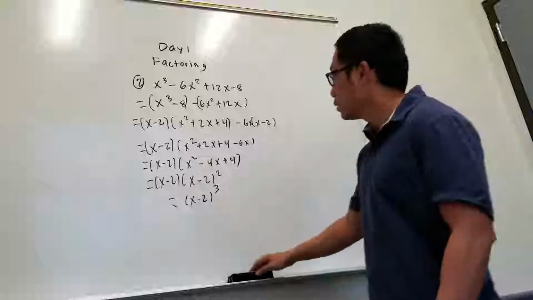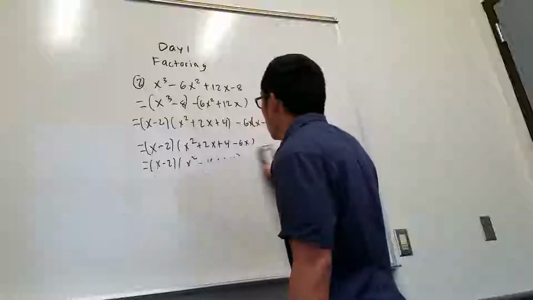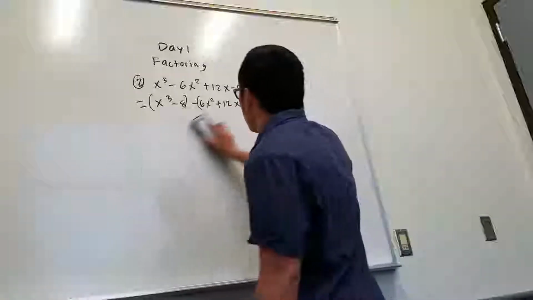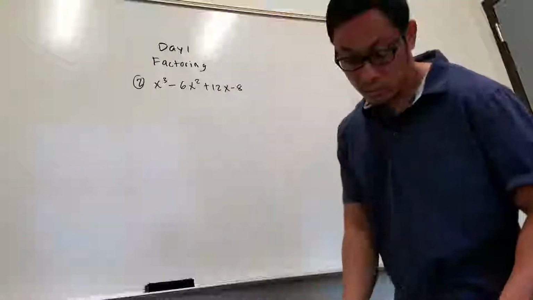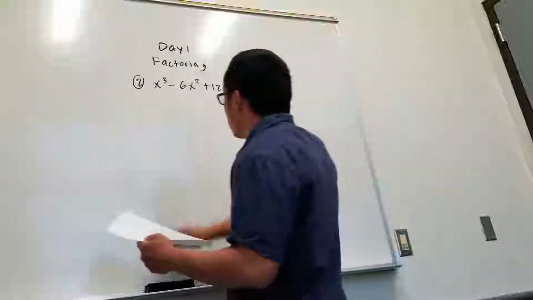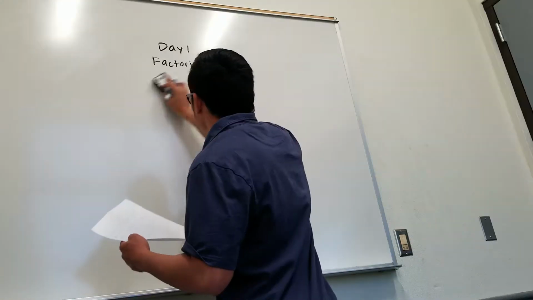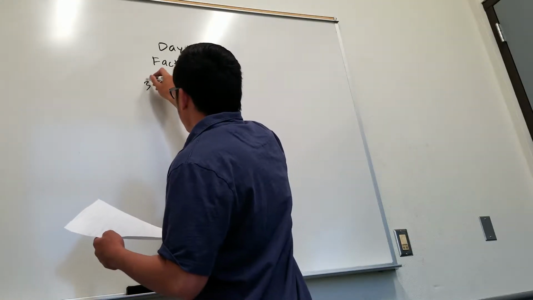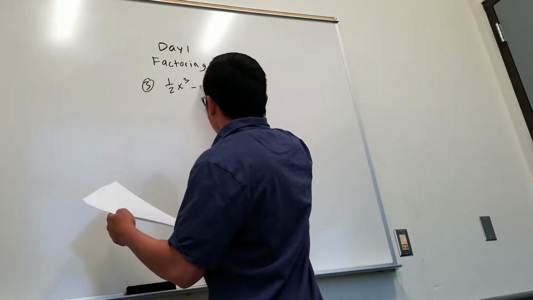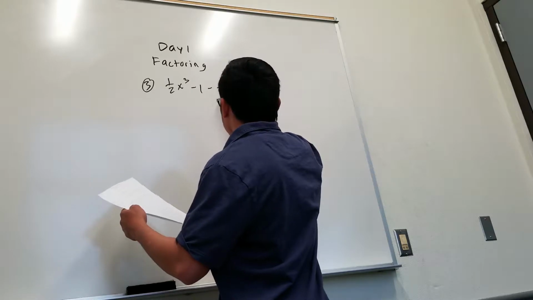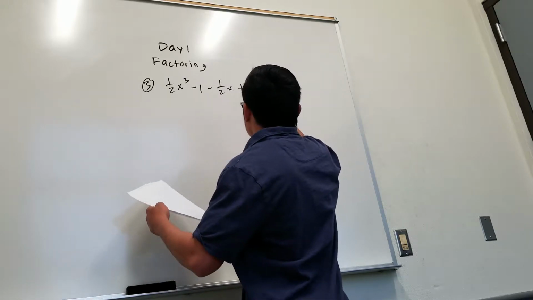All right. So let's do another one. So we have one half x cubed minus 1 minus one half x plus x squared.